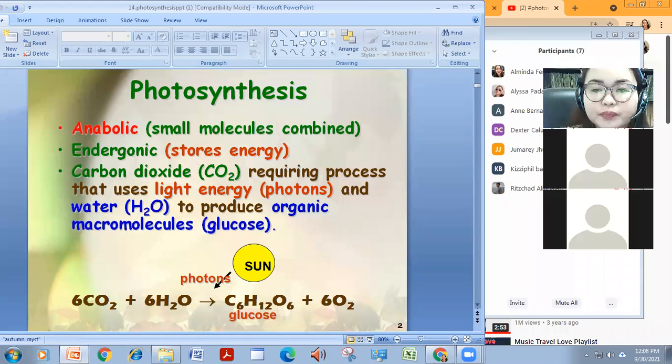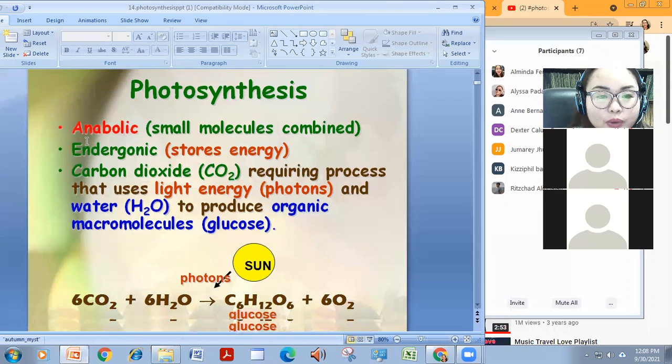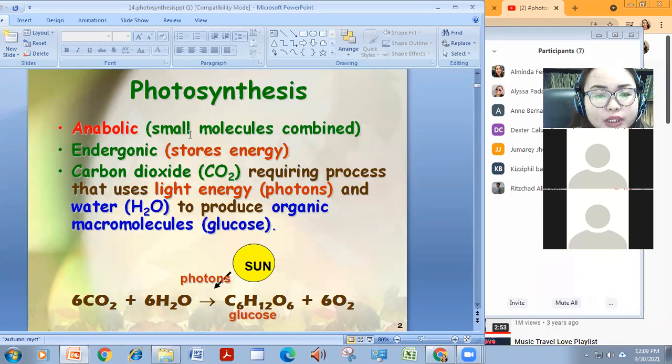And it is also known as an anabolic reaction. When we say anabolic, it means small molecules are combined, and it also involves endergonic, which means it stores energy.